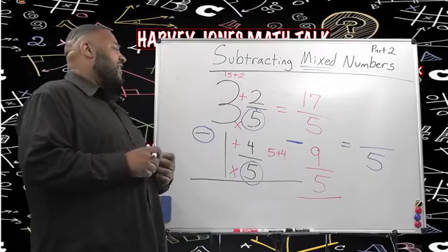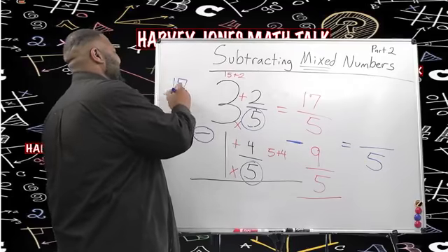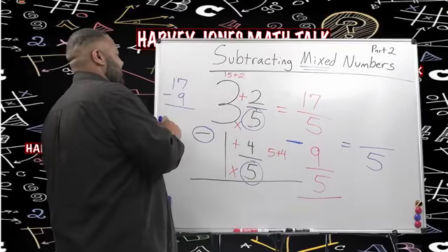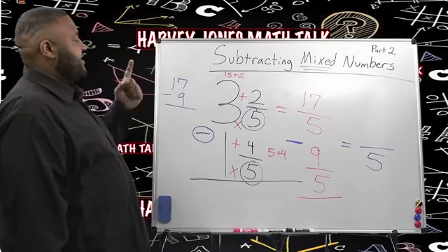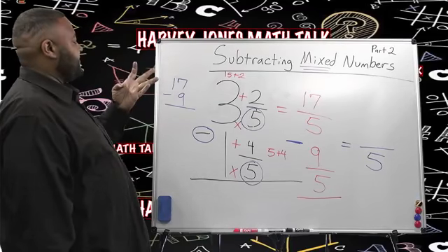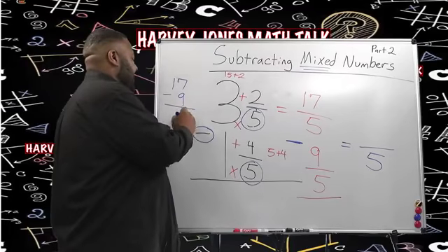Now, we're subtracting. So now I do 17 minus 9. I'm going to count up 10, 11, 12, 13, 14, 15, 16, 17. That should be 8.